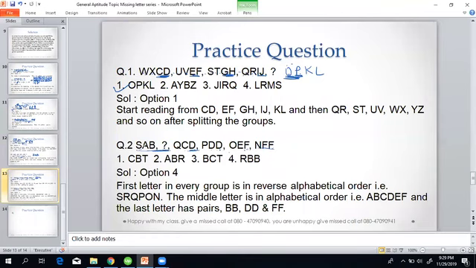So here it should be S A B, means B B should be here. And for the first letter, you can see N O P Q R S. So it is following the pattern N O P Q R S. So here it should be R B B. Option 4 is the correct answer.